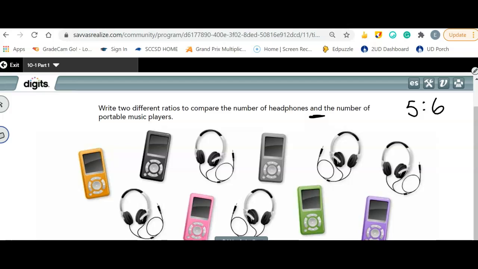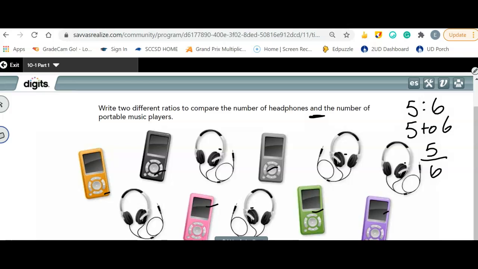5:6. Do we have 5 headphones here? 1, 2, 3, 4, 5. Yes. The 6 is the number of portable music players. 1, 2, 3, 4, 5, 6. What's another way to write it? Lila? 5 to 6. And the last way, Sam? 5 over 6.